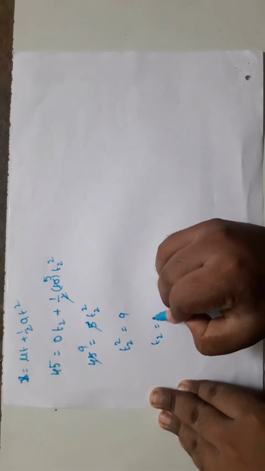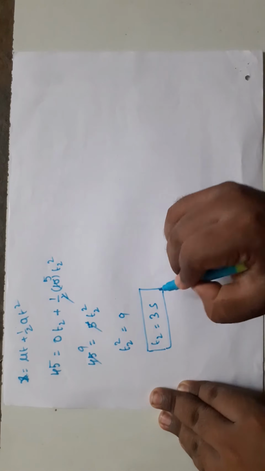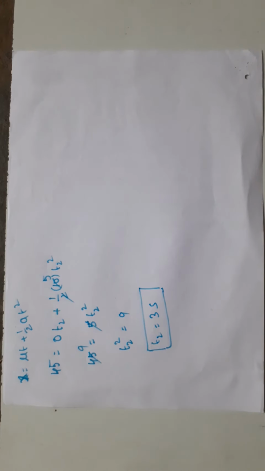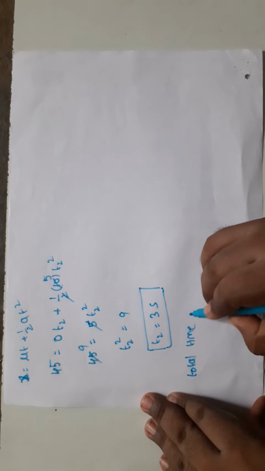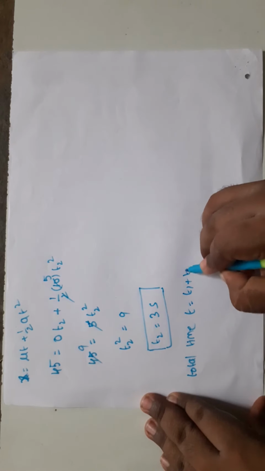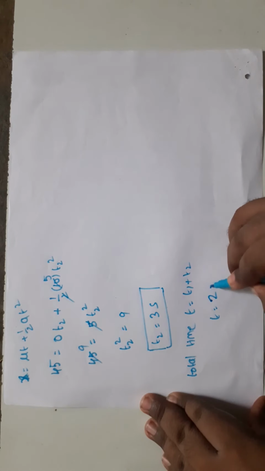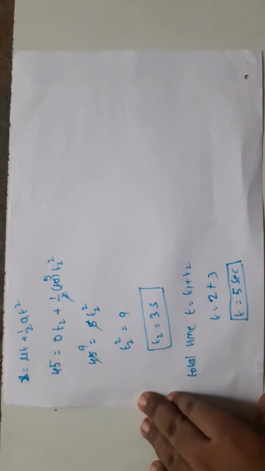So t2 equal to 3 seconds. So the time the ball travels from B to C is 3 seconds. So total time t equal to t1 plus t2, t1 means 2, t2 means 3, so total time is 5 seconds. This is one method to find the time value.